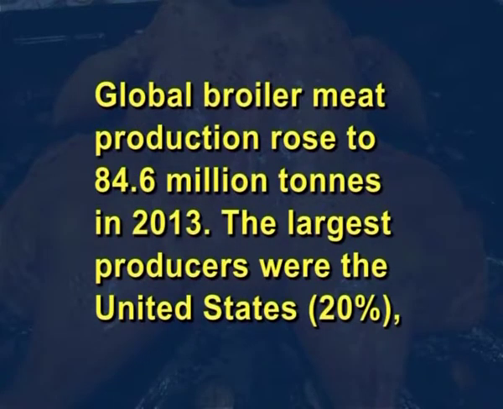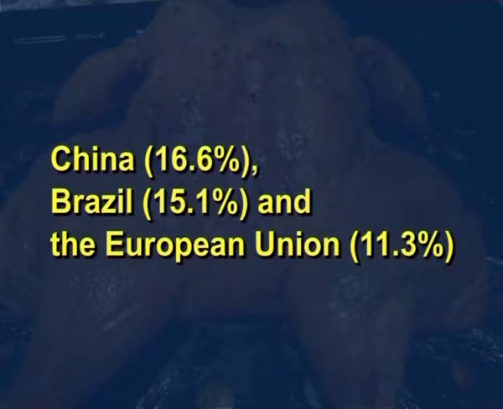Global broiler meat production rose to 84.6 million tons in 2013. The largest producers were the United States, that is 20%, China 16.6%, Brazil 15.1% and European Union, that is 11.3%.